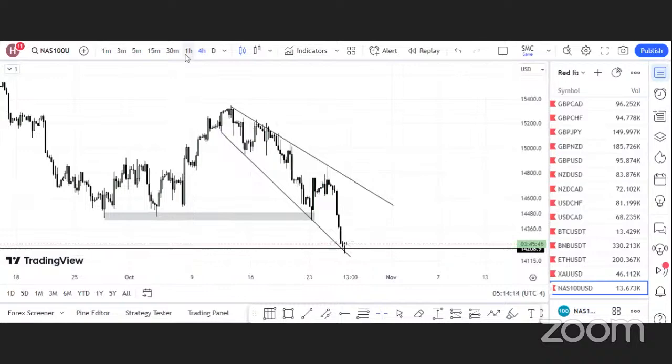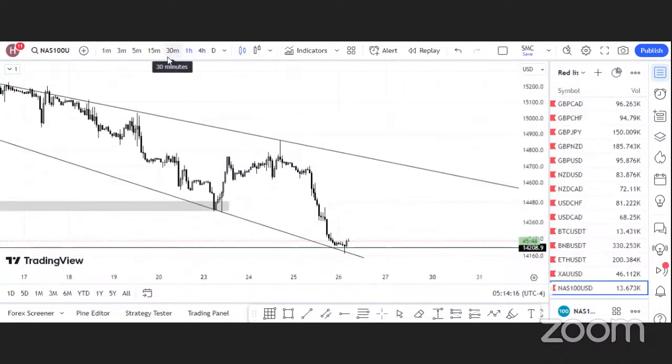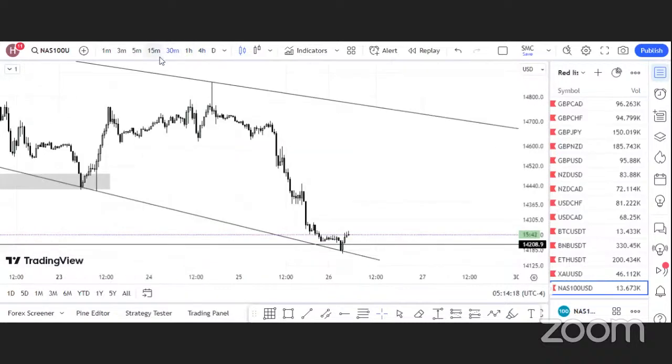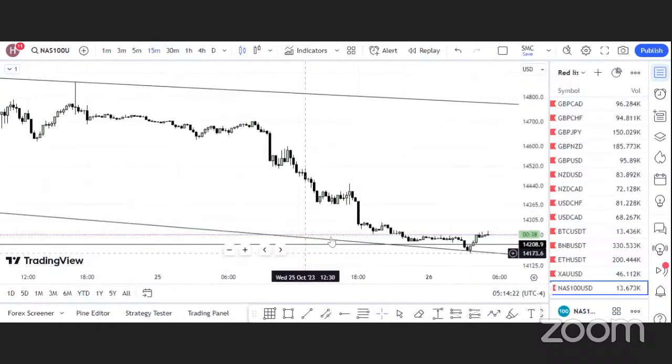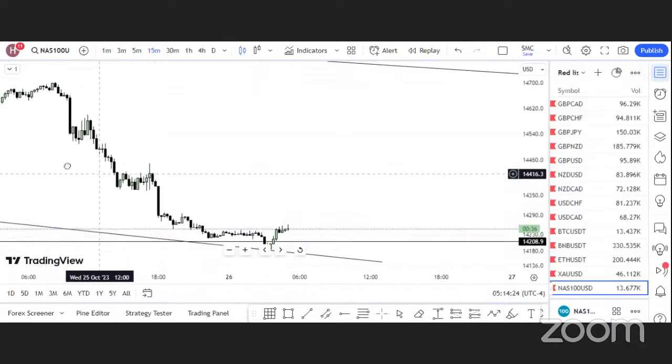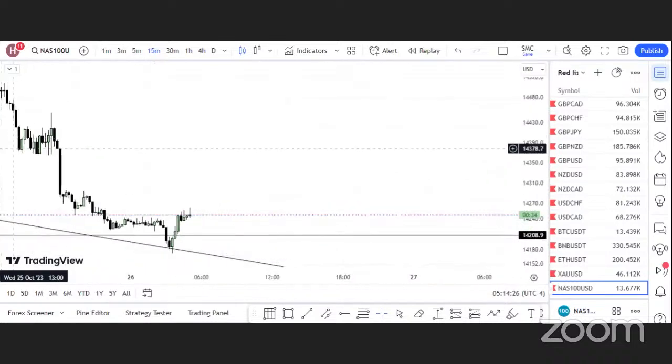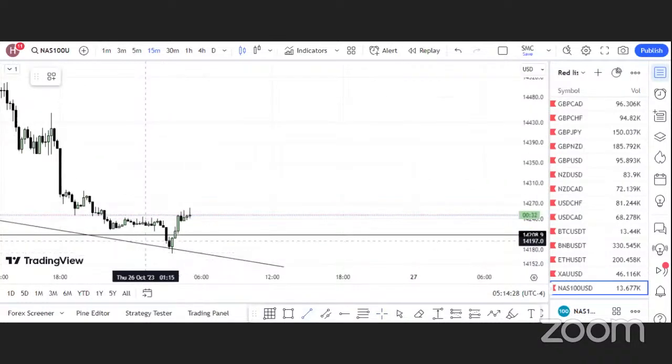Even though the market is not going to go for long, let's see if we can get a confirmation for a buy entry on this. So this is liquidity. Liquidity was taken here.